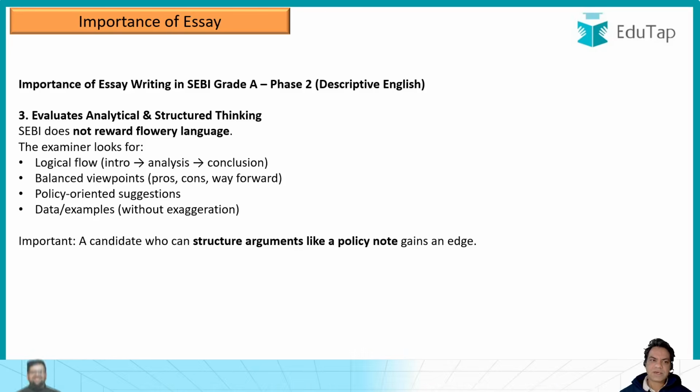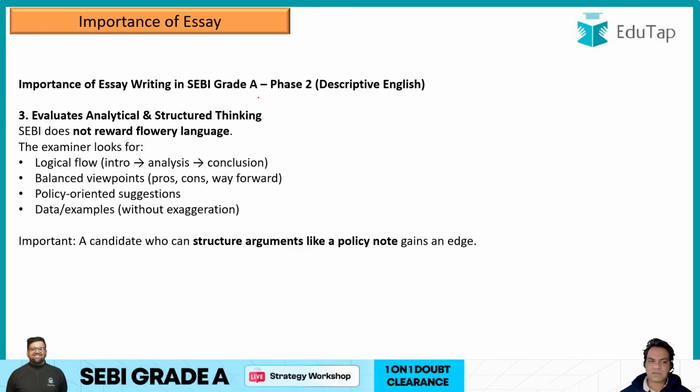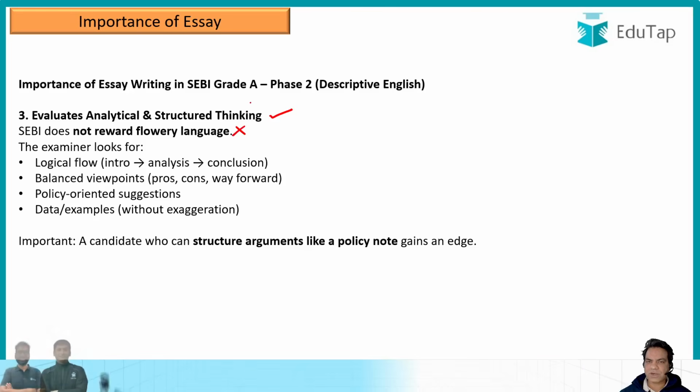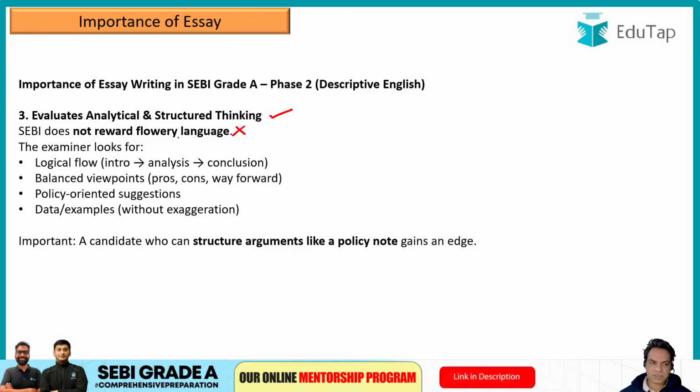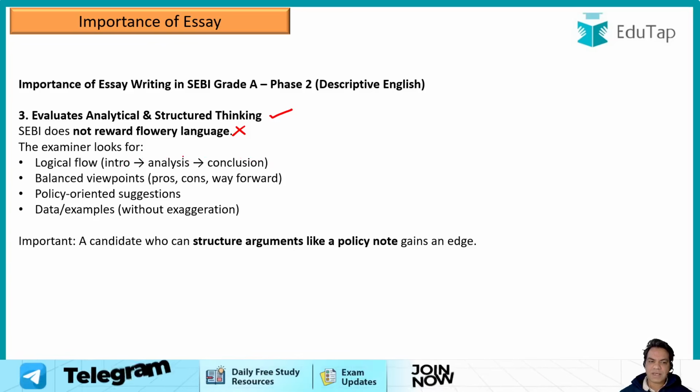Third, they like candidates who show analytical and structured thinking. SEBI does not reward flowery language. They do not like beating around the bush. The examiner looks for logical flow: how you introduce your essay, how you analyze the topic from different angles, and then how you conclude. Balanced viewpoints, guys. You should not be inclined towards anything.